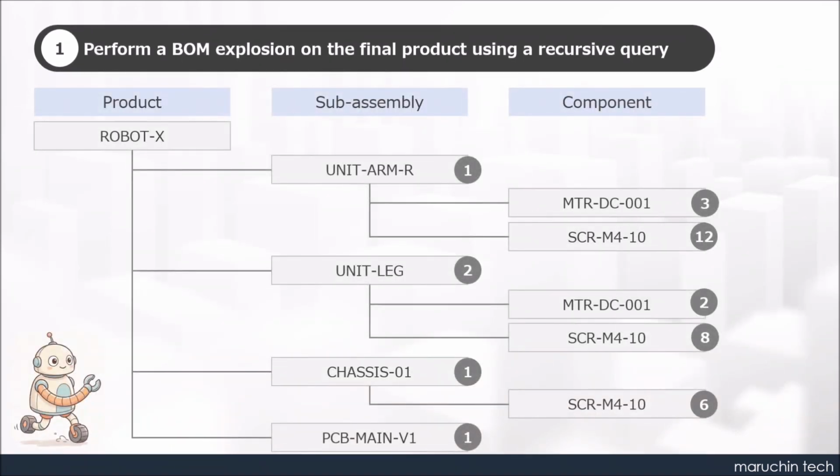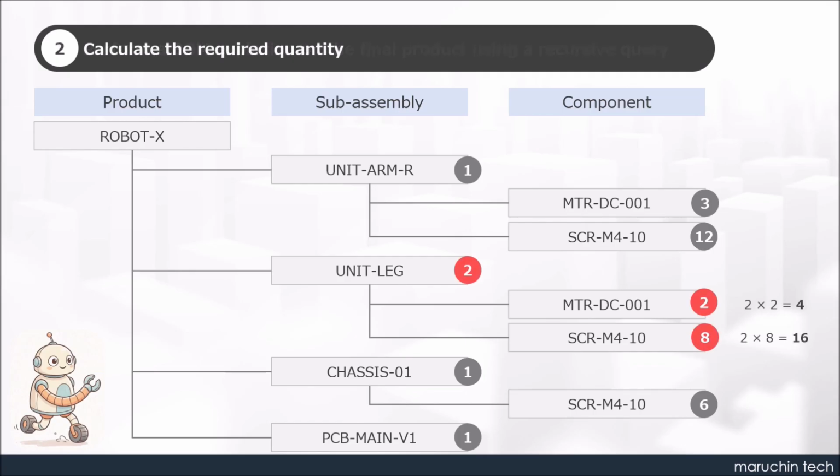Let's perform the bomb explosion for the final product, Robot X. As a refresher, here is the diagram of Robot X that I introduced in the previous lecture on recursive queries. Next involves calculating the required quantity of components. The key point in calculating a requirement is multiplying the parent part quantity by the child part quantity.